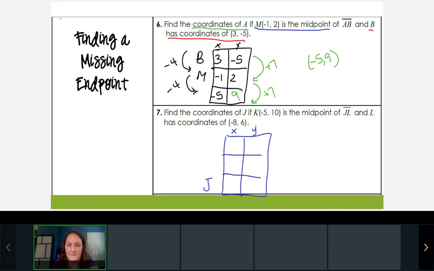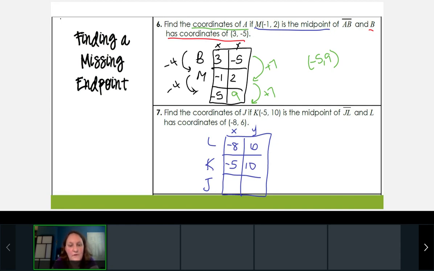If K at -5, 10 is the midpoint, K is the midpoint. So in this case, the midpoint wasn't labeled M, it was labeled K. But its coordinate is -5, 10. L has coordinates -8, 6. So we're finding this missing endpoint.